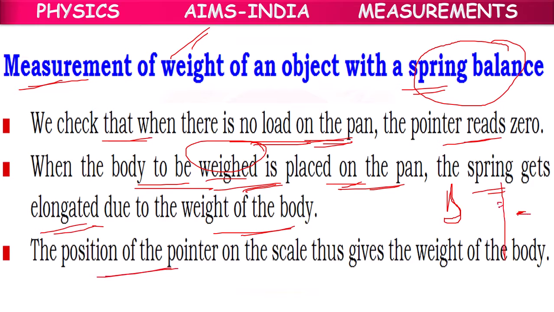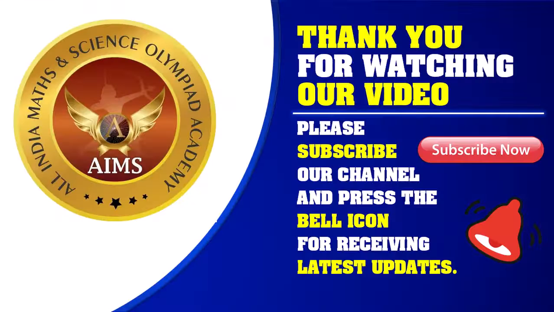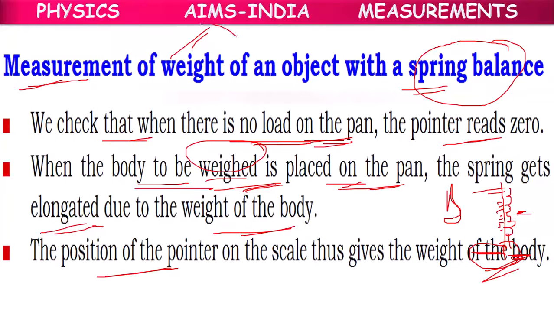If this is the scale, because of the weight, the spring will elongate and come down. Along with that, the pointer also will come down. Whatever value the pointer shows, that value will be the weight of the object. So in that way, we can measure the weight of an object with the help of a spring balance.